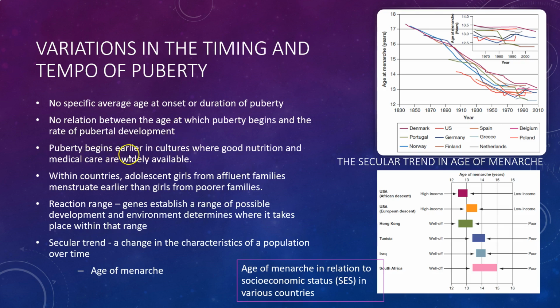All right, and puberty begins earlier in cultures where good nutrition and medical care are widely available. So you can see here in this bottom chart, we've got earliest age of first menstruation in girls starting earlier in more high SES countries compared to lower.